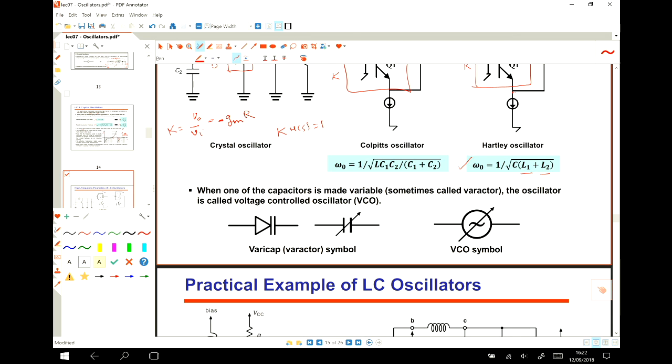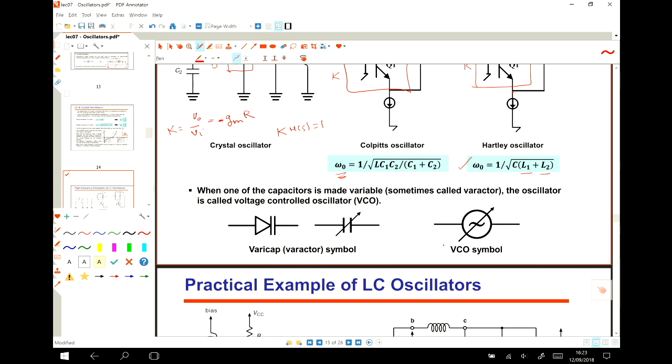So by changing the voltage across the two terminals, we can change the capacitor, and by changing the capacitor, we can change the resonant frequency. So it's very good if you want to make an oscillator that sweeps, for example, from frequency 1 to frequency 2. Then you can simply change the voltage from V1 to V2, and the output frequency changes from F1 to F2. This is how a VCO works.